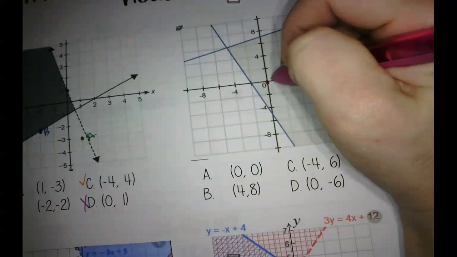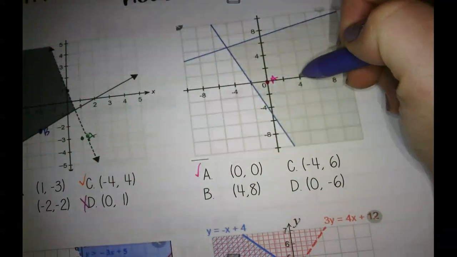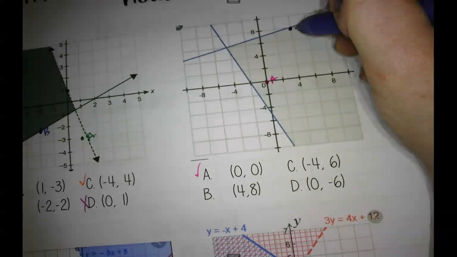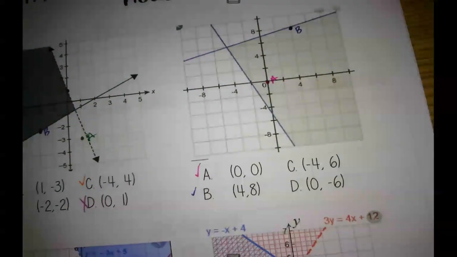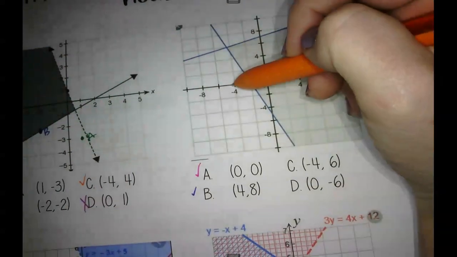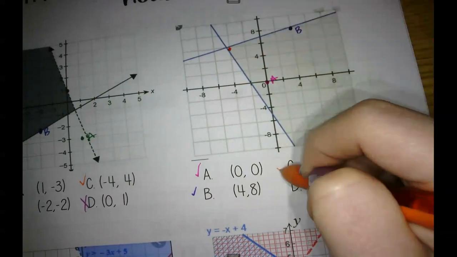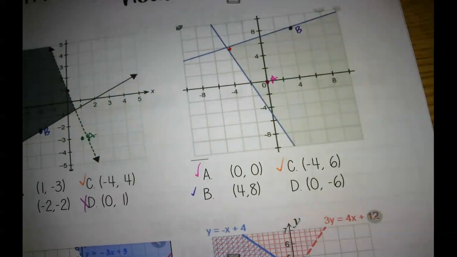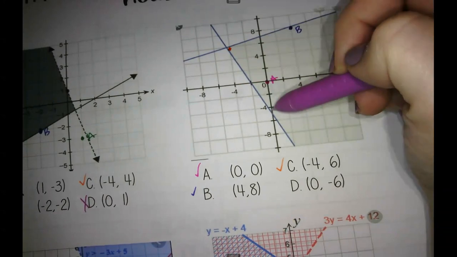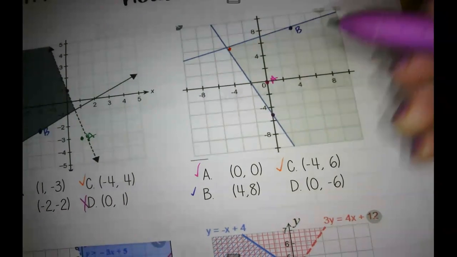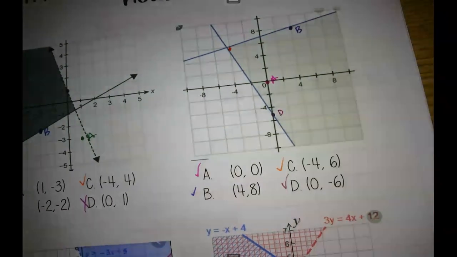And these I'm just going to run through really fast. Inside the shaded area, solution. 4, 8 on the dotted line, not a solution. -4, 6, that's just barely inside right there. And 0, -6 on that solid line, solution.